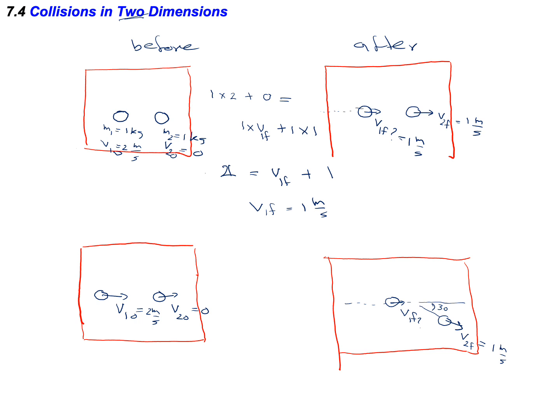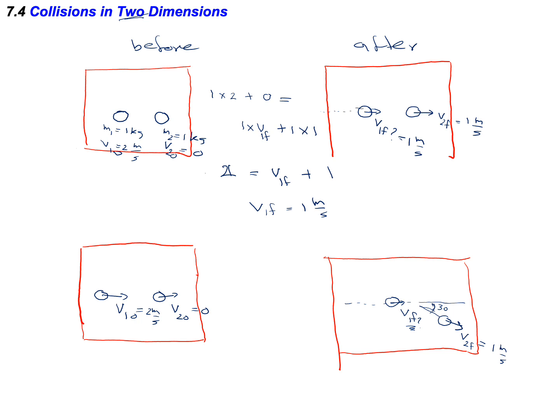Now let's assume the same case, coming along the same linear path, but after the collision ball 2 goes off at an angle to this linear direction, like 30 degrees. Now how are we going to calculate v1 final?